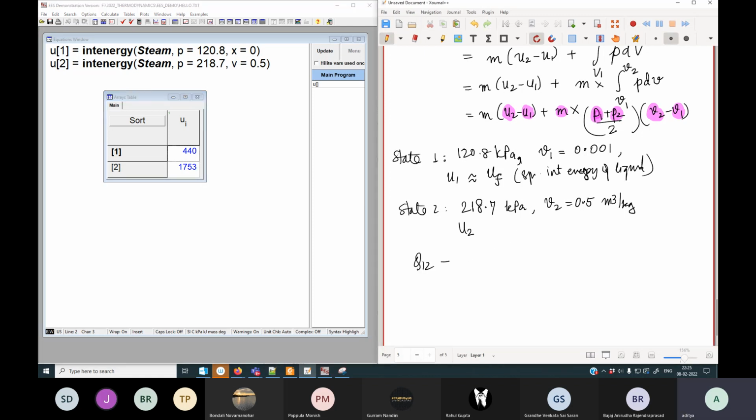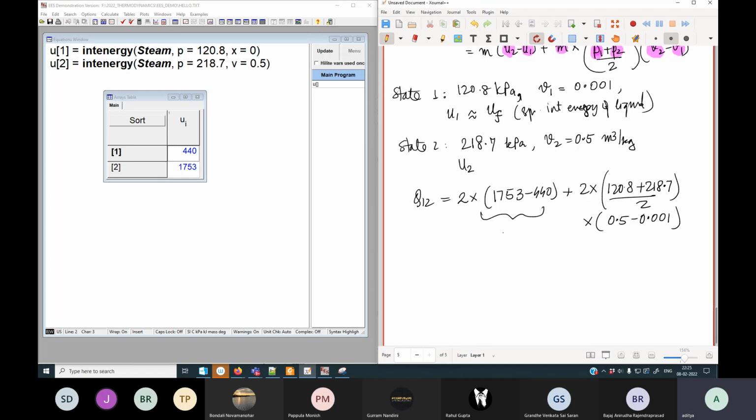So Q12 is mass, which is 2, times 1753.440, plus 2 times (120.8 plus 218.7) over 2 times (0.5 minus 0.001). The units are very important.